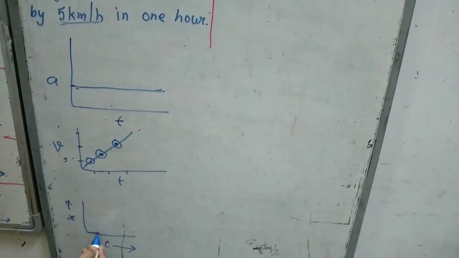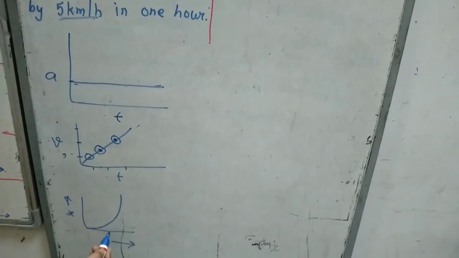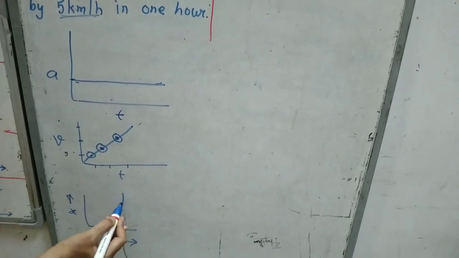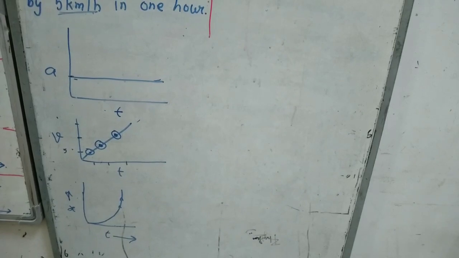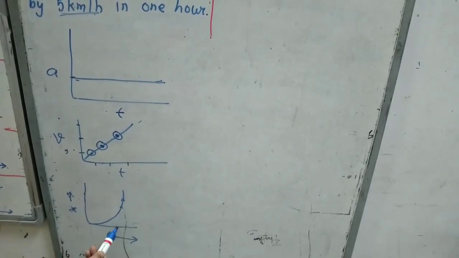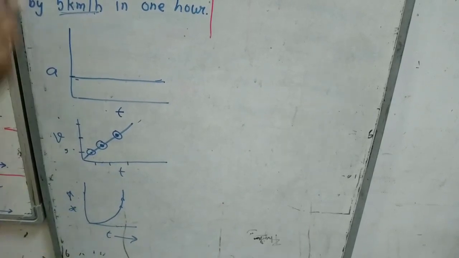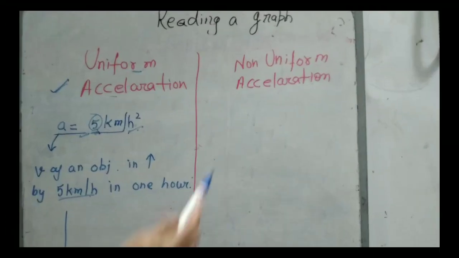So the graph will be like that. This curve shows that as time increases, it is parallel to the position axis. That means it is covering more distance in less interval of time. So the graph of position time of uniform acceleration will be a curve parallel to the position axis.